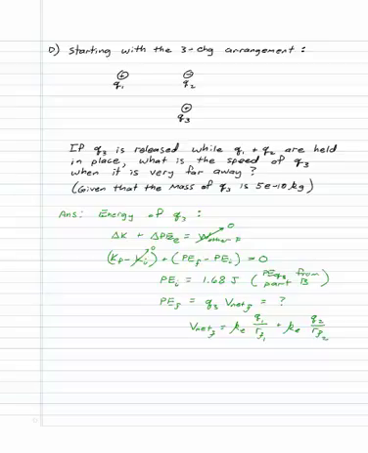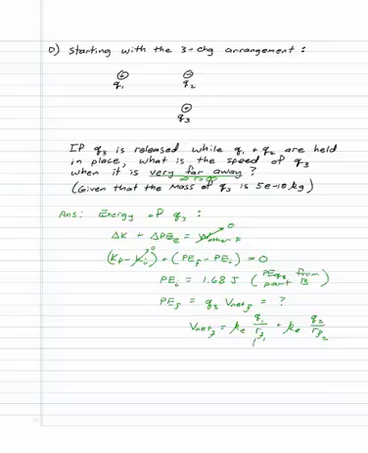But what are those distances? The problem says, what's the speed when it's very far away? Let me underline that, very far away. We interpret that to mean that r might as well be infinity.